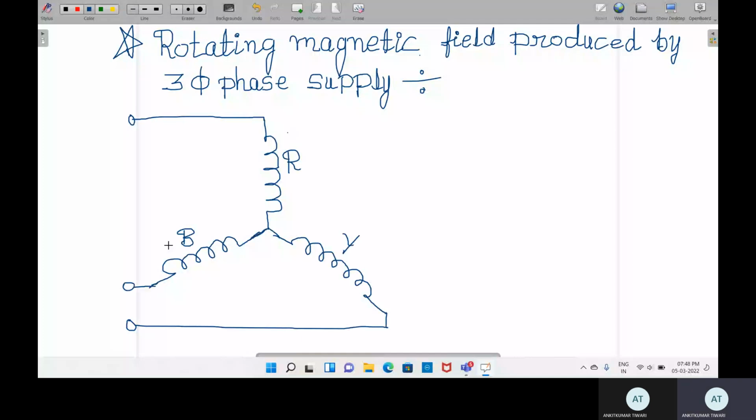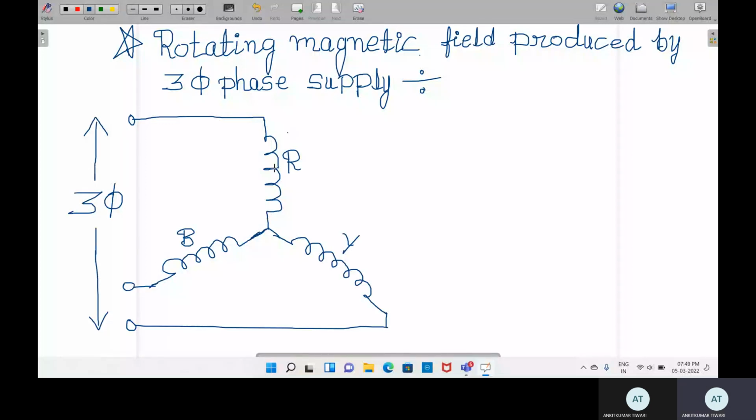The three coils are supplied from the three ends. So this is called the three-phase supply. We have given the three-phase supply to the three coils.